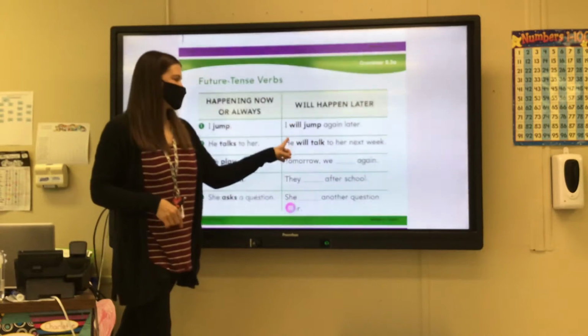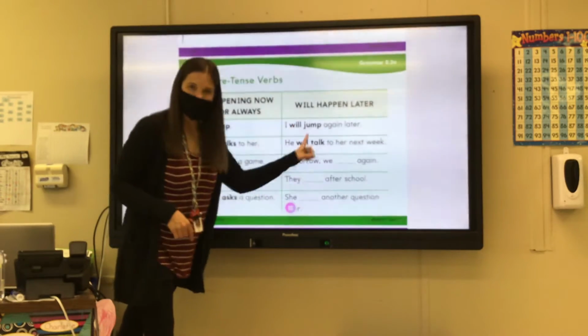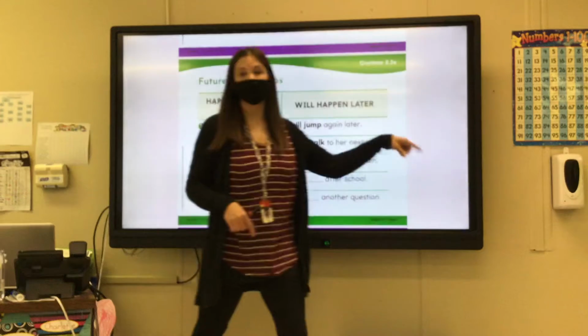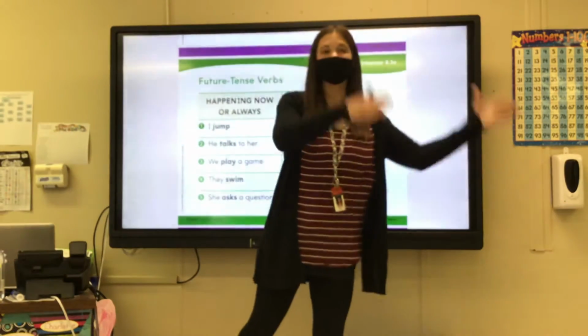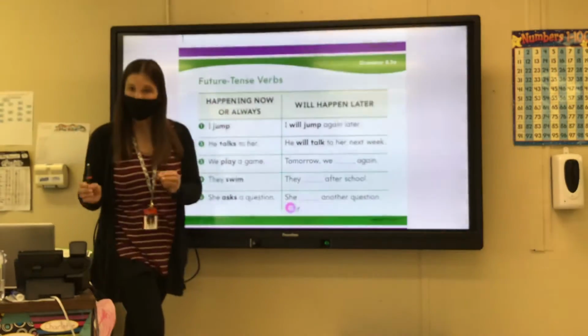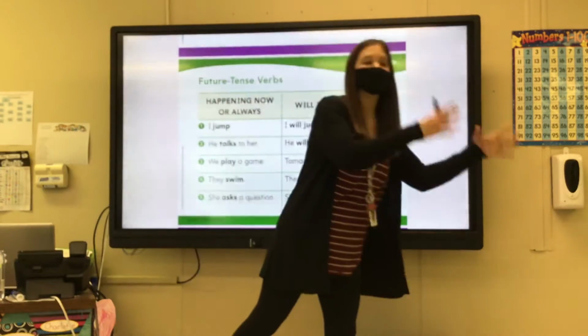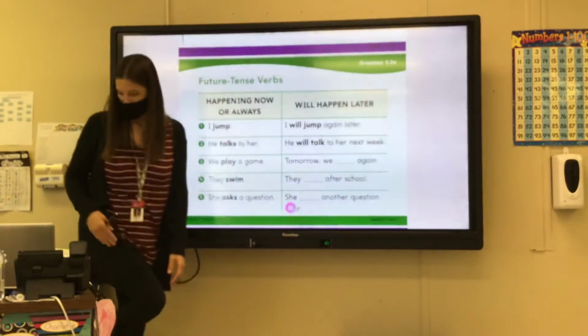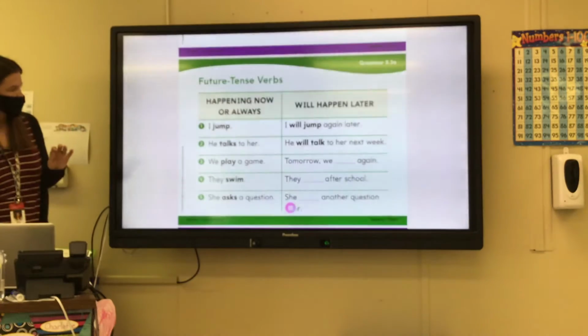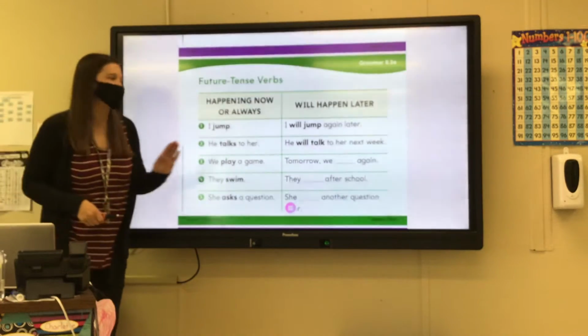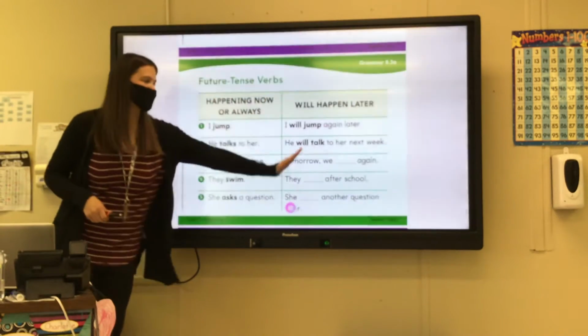You would say, he will talk to her next week. So he will talk. Today he talks to her. In the future, he will talk to her. Okay? So we're looking at future tense verbs. How to make a verb future tense.